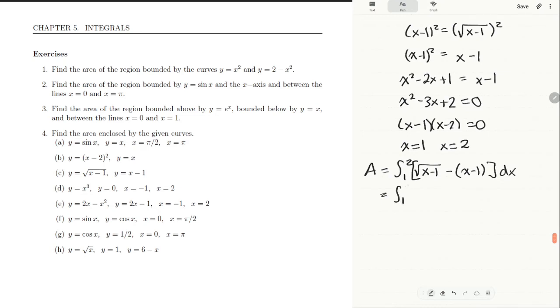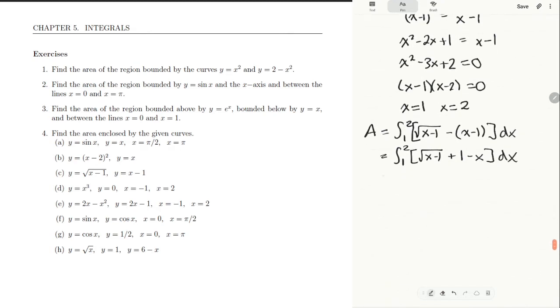So we have the integral from 1 to 2 of the square root of x minus 1 plus 1 minus x. And we can use the properties of the integral to separate this into two separate integrals. So we have the integral from 1 to 2 of the root of x minus 1 dx plus the integral from 1 to 2 of 1 minus x dx.